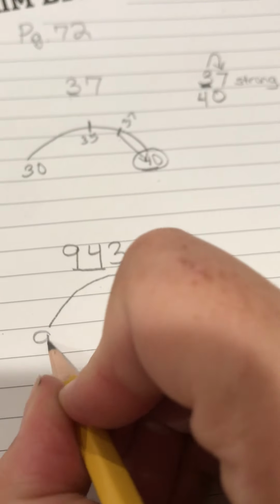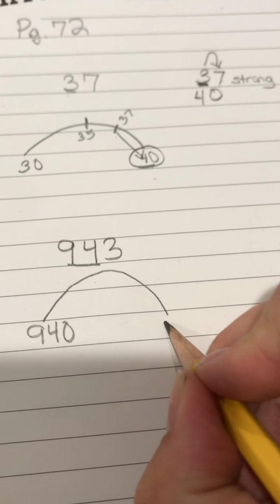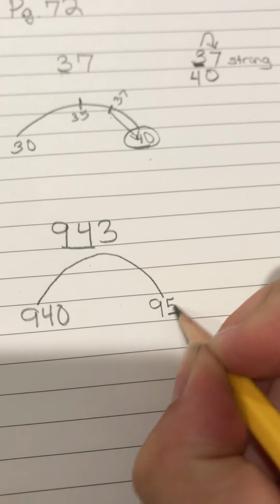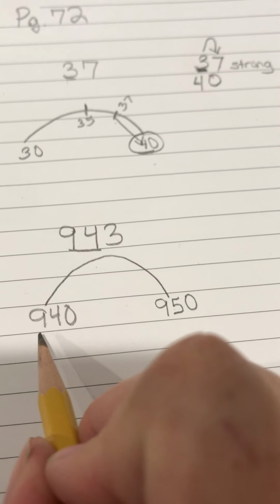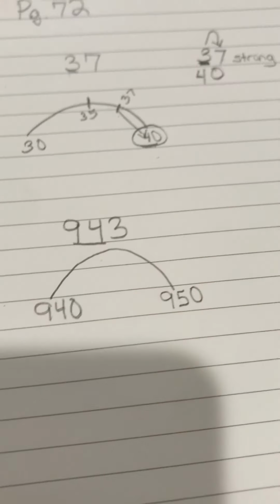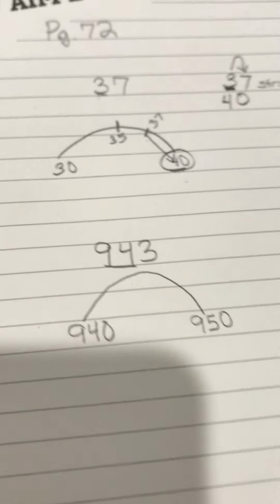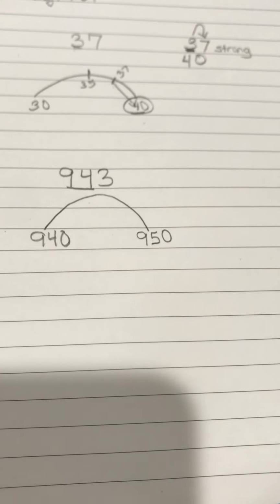We have 94 tens. So we're going to start our roller coaster at 940. If we go up 1, then that's going to turn to 95 tens. So the answer for number 2 is going to be those two numbers that you put on each end of your number line. So we're going to write for number 2, 940 and 950.